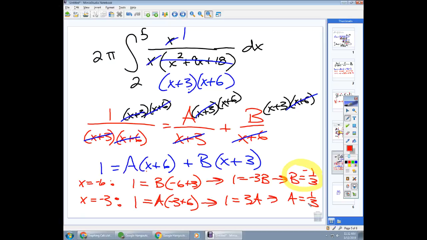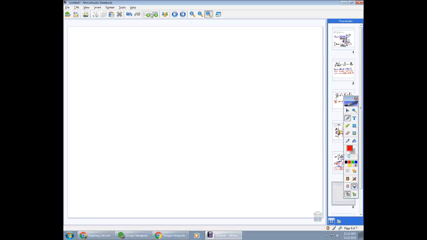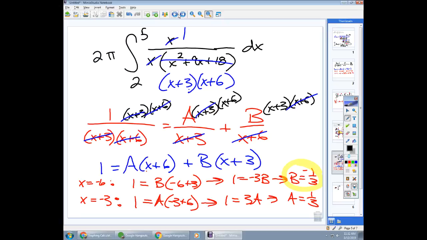Time to rewrite the whole thing. 2 pi on the outside. And let's switch colors. Integral from 2 to 5 of, a was +1/3. Yes, that was my order. Always make sure you line them up right.